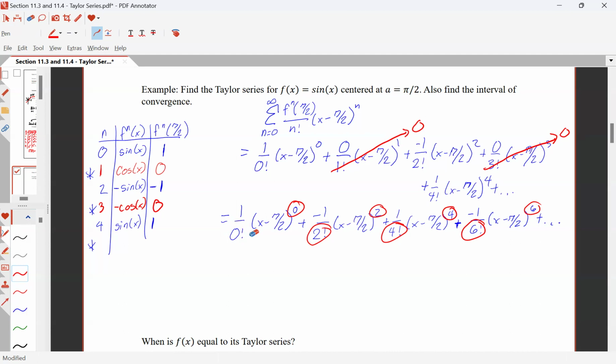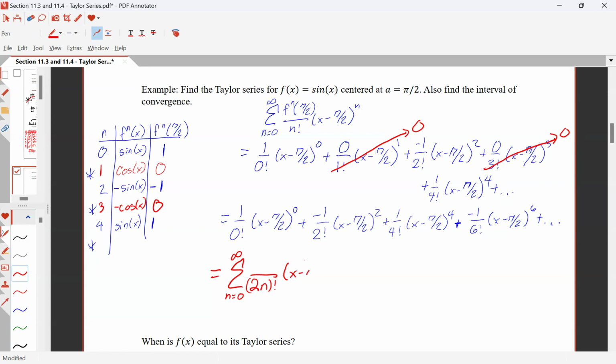Well, a really easy way to only get even numbers is instead of saying n, we have 2n. So if I have n equals 0 to infinity, I could divide by 2n factorial. And so when n is 0, that would be 0 factorial. When n is 1, that would be 2 factorial. N is 2, 4 factorial, and so on.